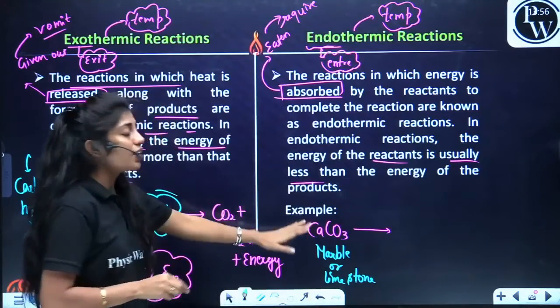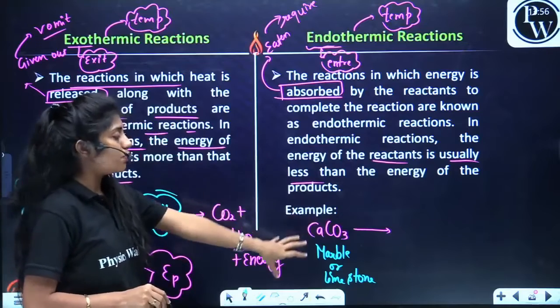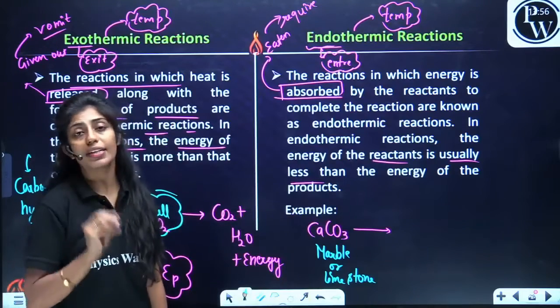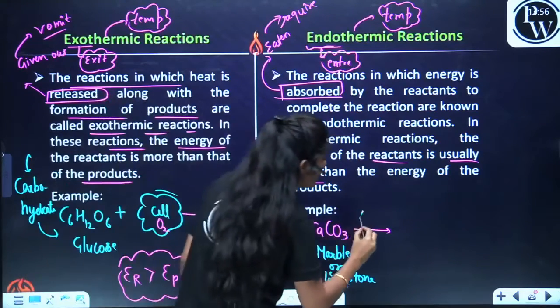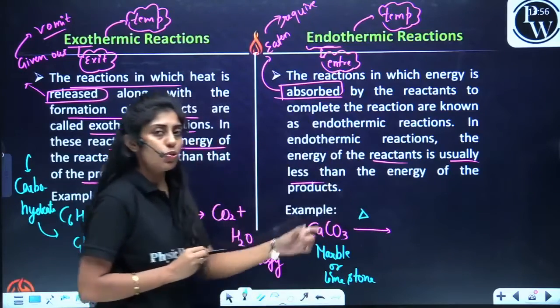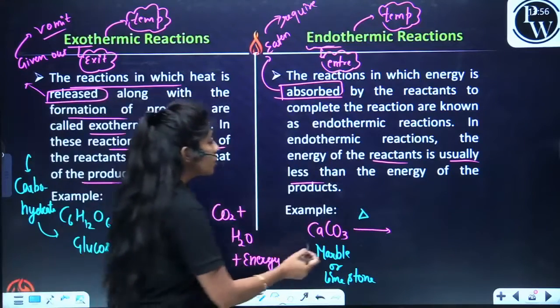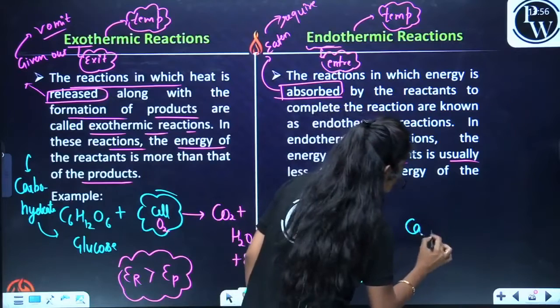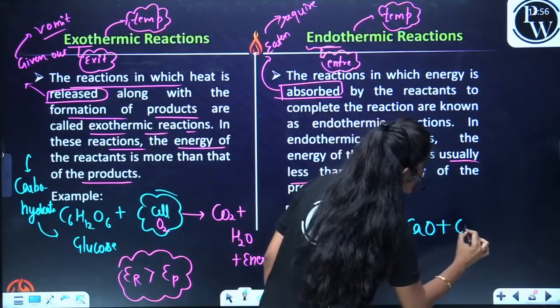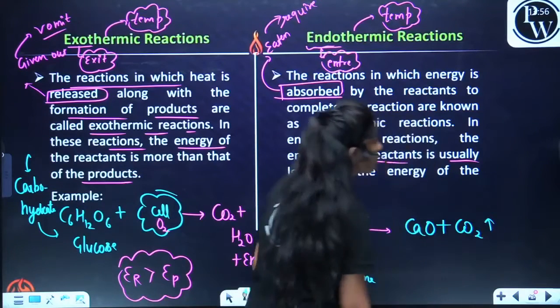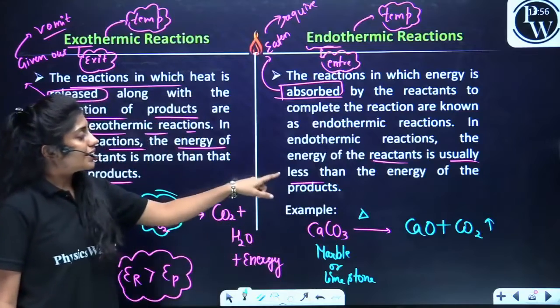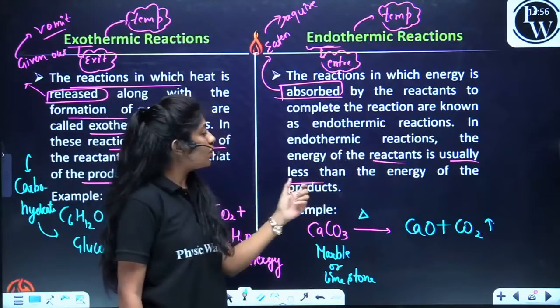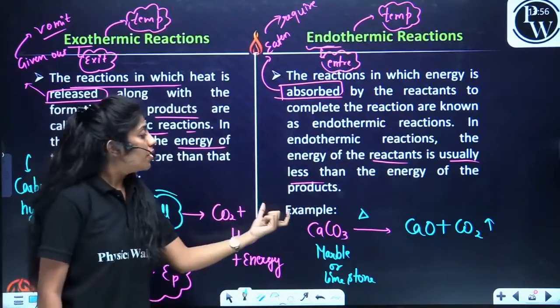So basically, when I will be decomposing this calcium carbonate, it will not decompose by itself. So there will be requirement of heat, that is denoted by this delta. So it will be converted into calcium oxide and CO2 gas will be released. Now, it says that the reactant's energy is less than that of products.